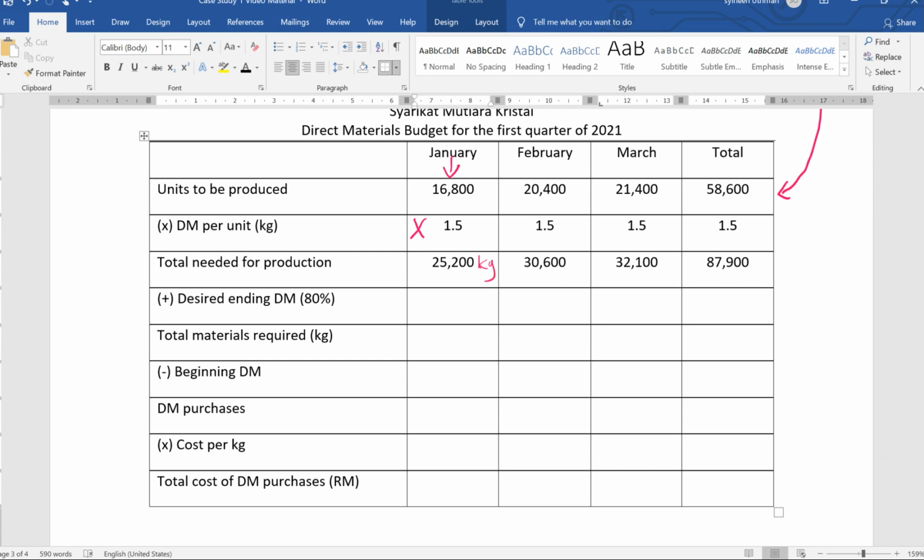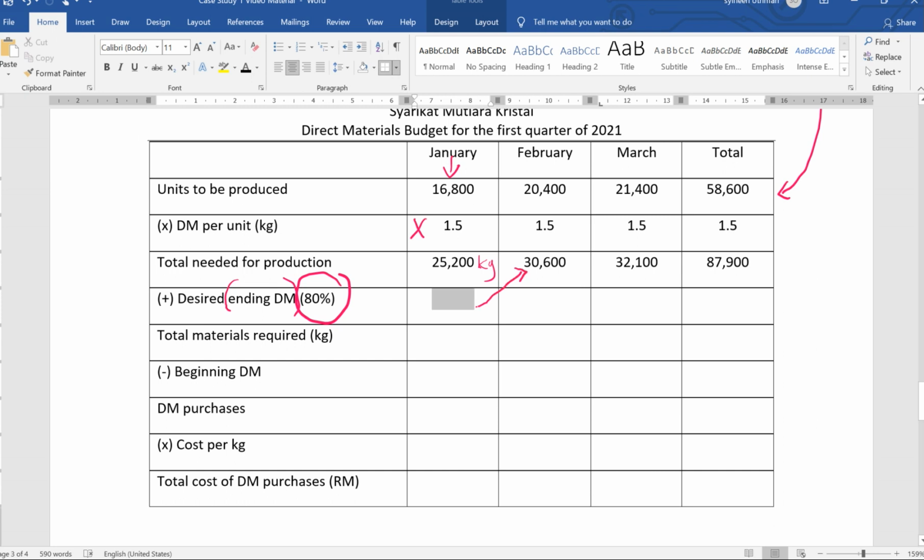Okay, alright. So kita ada ending inventory for the direct materials, and dia bagi tahu tadi the ending inventory policy is 80% from the total requirement of next month. So maksudnya kalau saya nak cari ending inventory untuk January, I akan darab dengan requirement bulan February.